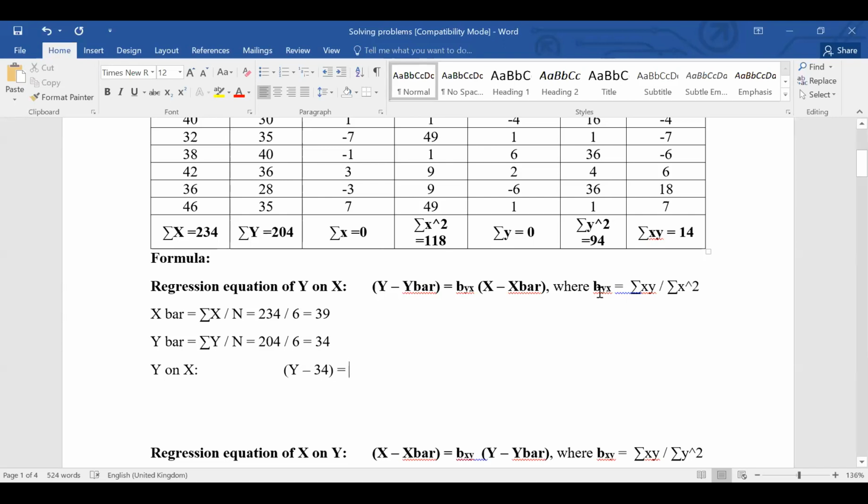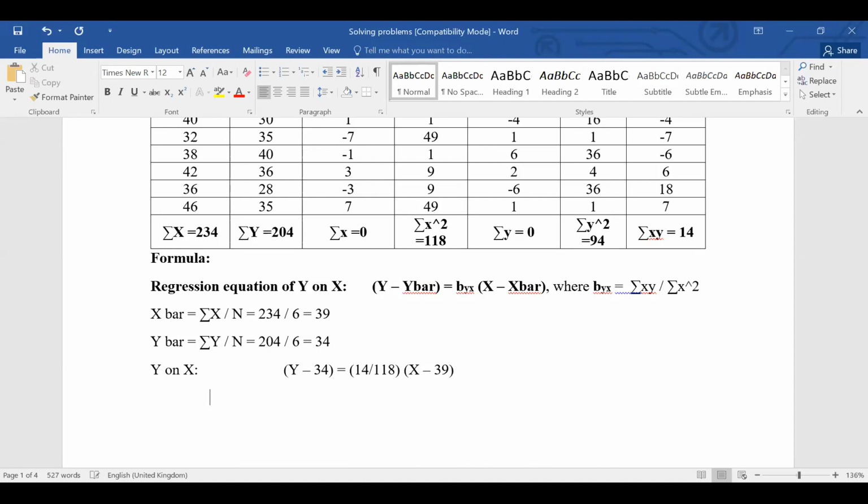Here b of yx, what is the formula? Summation xy by summation x square, because there is no sigma deviation, right? So summation xy is what? 14 divided by summation x square 118 into x minus x bar. X minus, what is the x bar value? 39.